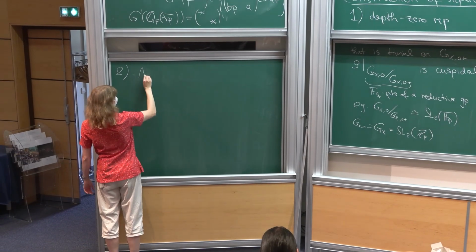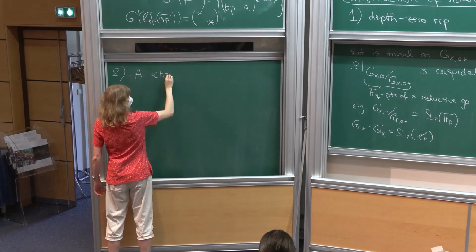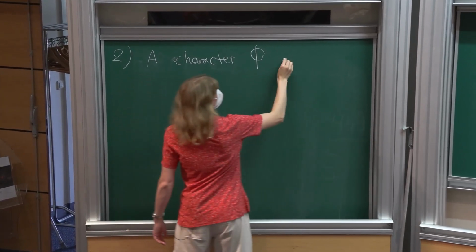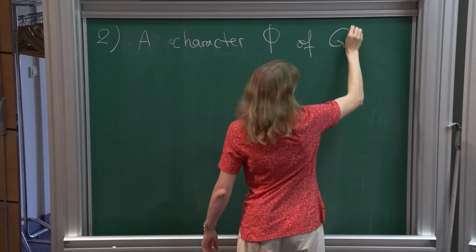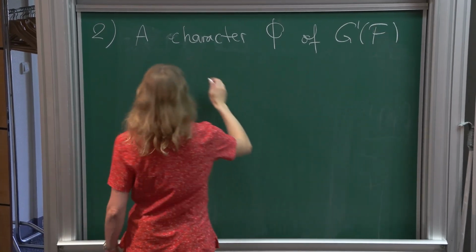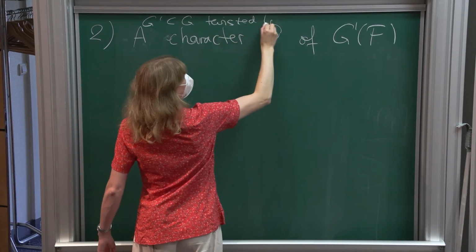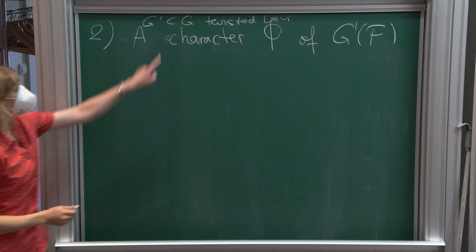So a character phi of my twisted Levi subgroup. So now I want G prime inside G to be a twisted Levi. And I want to define a character of G prime.